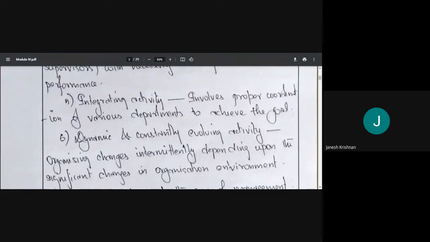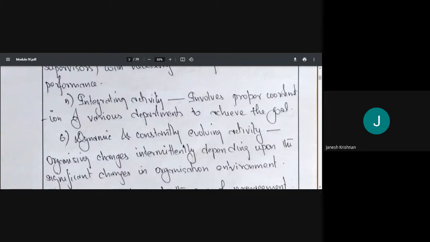If a person is participating in both on-stage and off-stage items, he should be given the opportunity to participate in both. So there should not be any clashes. If there's a clash, it should be rectified. So it is an integrating activity because it involves coordination of various departments. The safety should be done by this time. Then only we can have the arrangements, and the guest should arrive at this time. Then only we can move as per schedule.